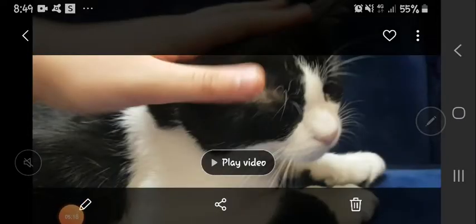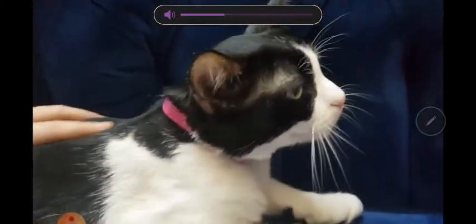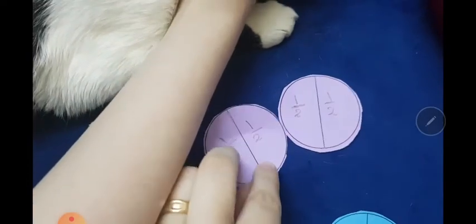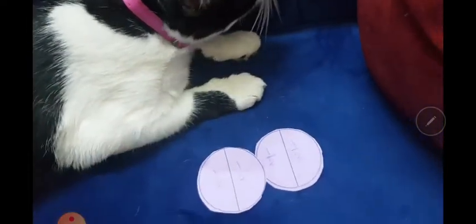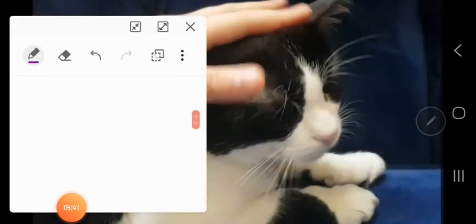Now let's say hi. This is Cookie, and as you can see, she's happy. We are going to feed her pizza. My pizza here is cut into halves. The first one is cut into half, the second one is cut into half. So it's half and half, half and half, right?